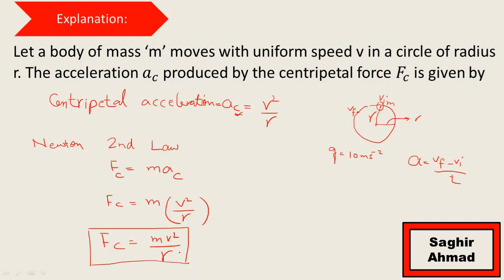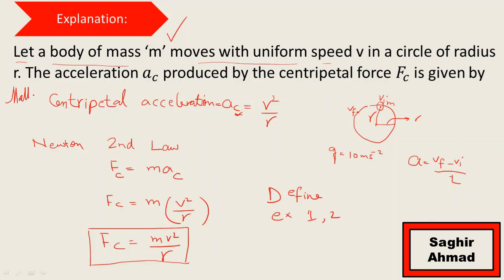So what do you have to write in this topic? First of all, define centripetal force, then take example number 1 and 2, then write the explanation. There are only 2 lines. Explanation, then this is its mathematical form.